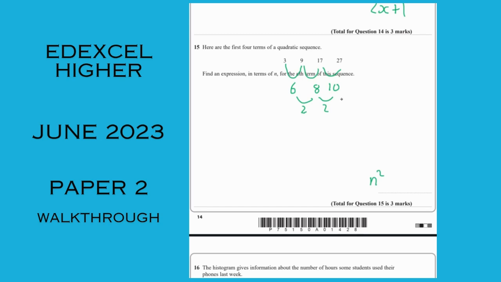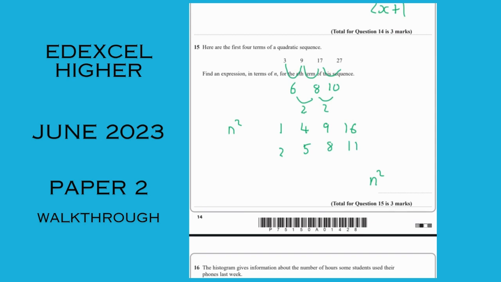So let's look at our square numbers. 1, 4, 9, 16. How do we get from 1 to 3? That's 2. From 4 to 9, that's 5. From 9 to 17, that's 8. And from 16 to 27, that's 11.